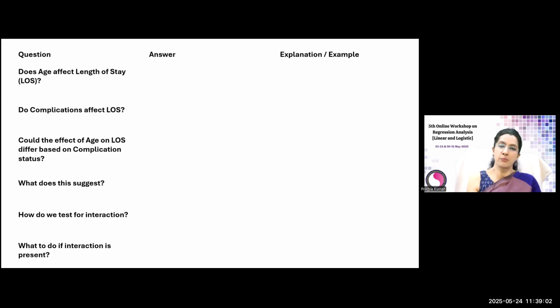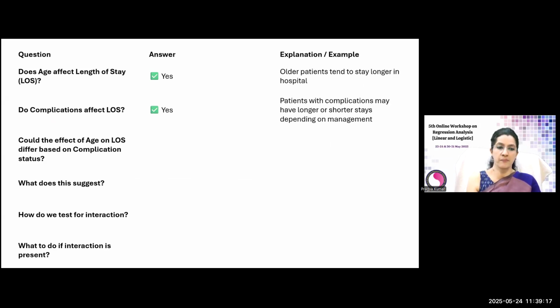Now for effect modification, what questions should we ask? Does age affect length of stay? Yes, because older patients tend to stay longer in the hospital. Do complications affect length of stay? Yes, because patients with complications have a shorter stay depending on the management.